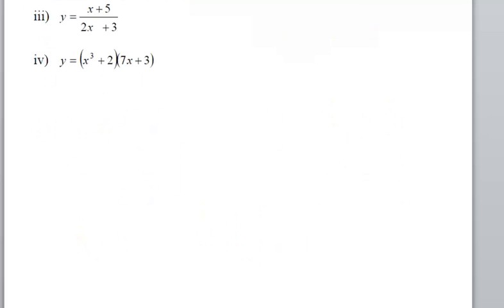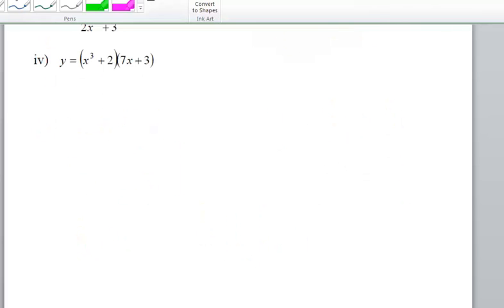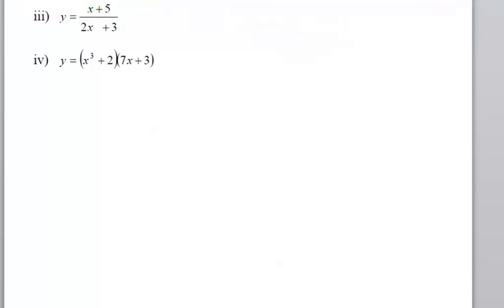Okay, so moving on to number 3. So here we're going to use our quotient rule. So our quotient rule, we say dy on dx here is v times du on dx minus u times dv on dx, all divided by v squared, where here at the top that is our u and at the bottom that is our v.